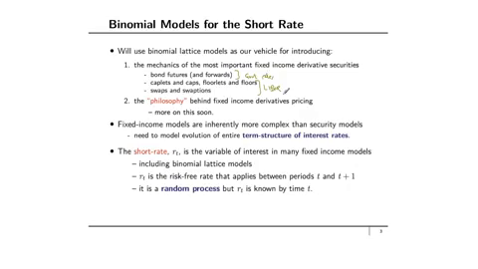Now, fixed income models are inherently more complex than equity security models. The problem with fixed income models is that we need to model the evolution of the entire term structure of interest rates. So for example, let's see a little plot of the term structure of interest rates.